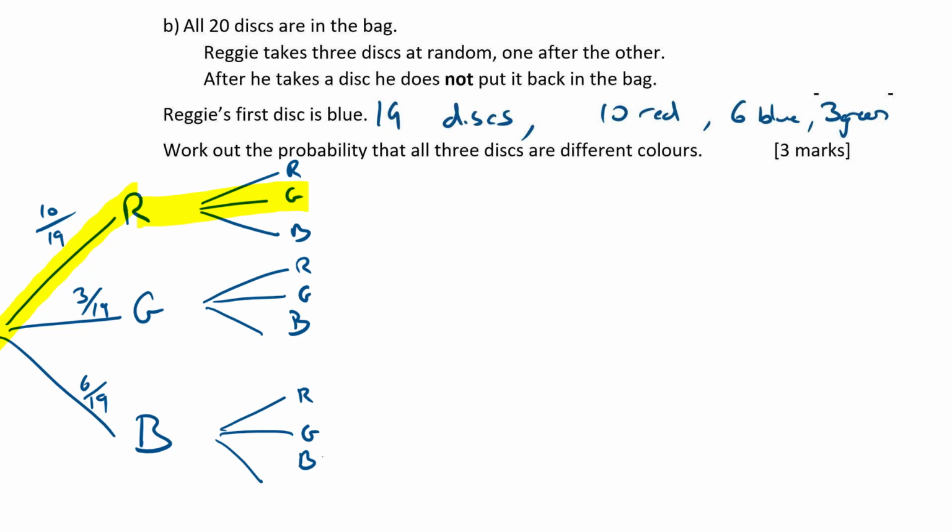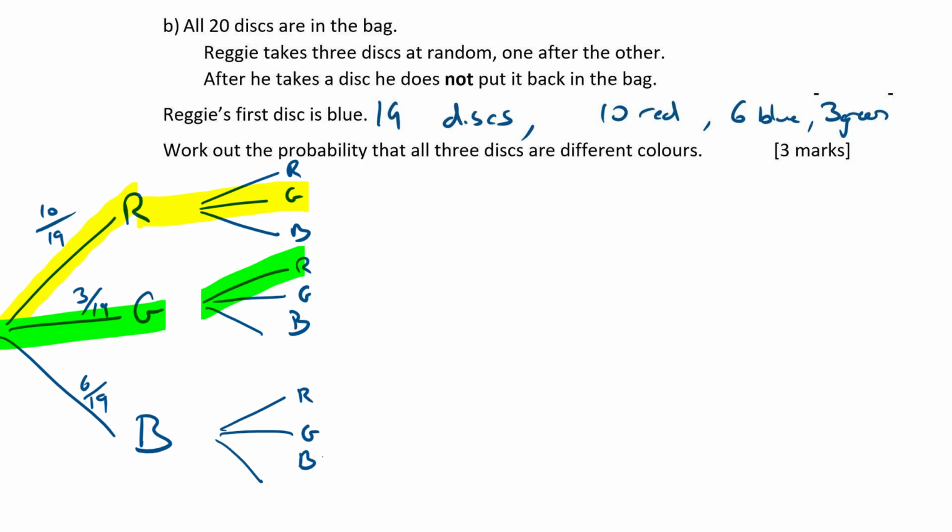I must pick the green route if I went in that direction. Or on my second selection, I could select the green one, not the blue one, because I'd have 2 blues. And then I'd have to pick the red one, wouldn't I? Because if I picked the green, I'd have 2 greens, and if I picked the blue, I'd have 2 blues. So it's those 2 routes basically.